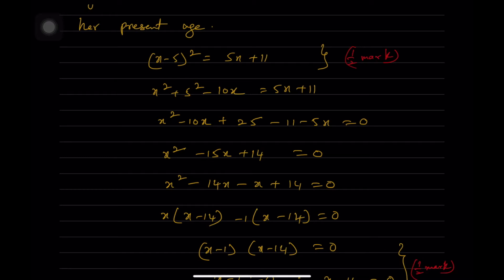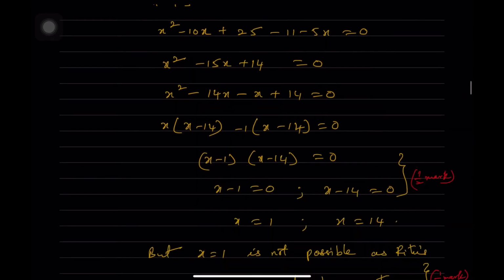So minus 14 minus 1 is minus 15. So you can write minus 15x as x square minus 14x minus x plus 14 equal to 0. So x into (x minus 14) minus 1 into (x minus 14) is equal to 0. So (x minus 1) into (x minus 14) is equal to 0.